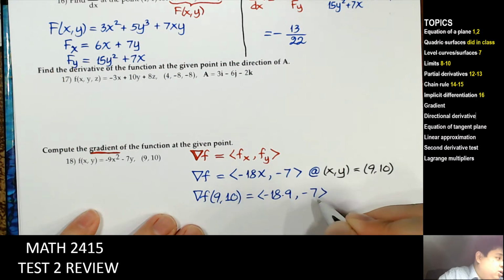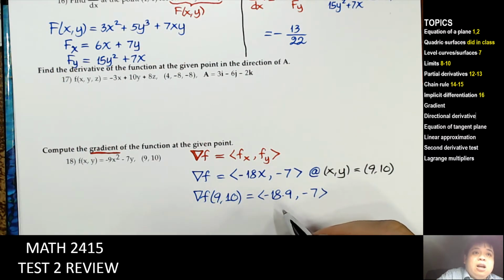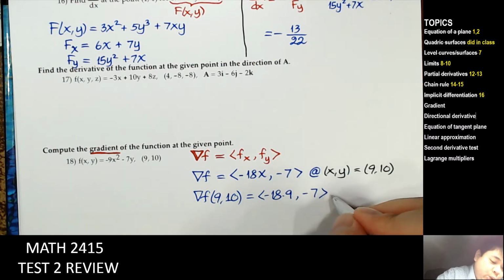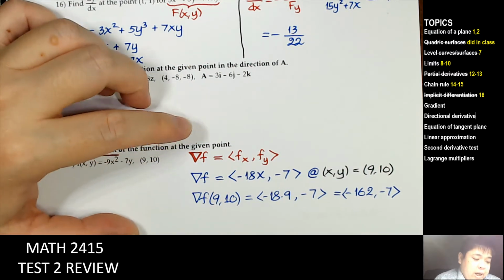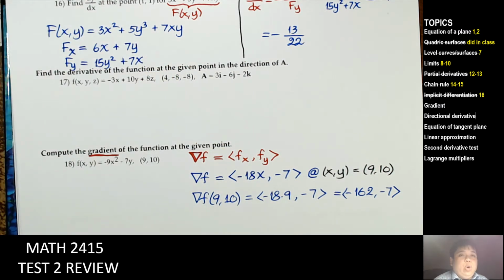There's no y to substitute in. 18 times 9, like 18 times 10 minus 18, so 180 minus 18, that's 162. Right, so the gradient is the vector of partial derivatives. So we just write it like that. So that's the gradient.